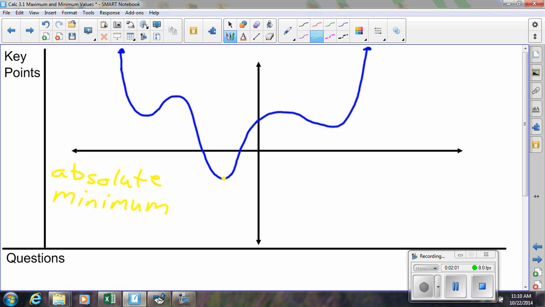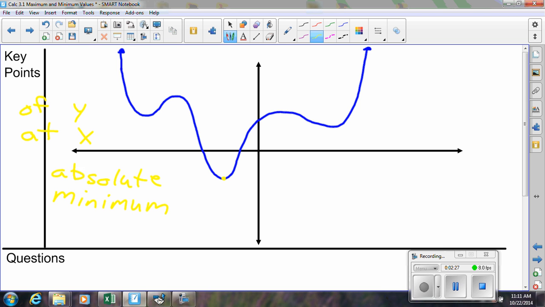The term global also gets used here. It's a global minimum because it's basically lower than the entire world of our function. There are two pieces you'll have to get used to noting with this. The absolute minimum occurs at the x value, but it is the y value that is the global minimum.